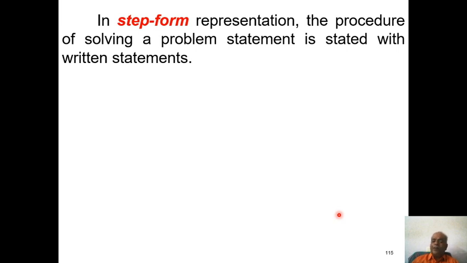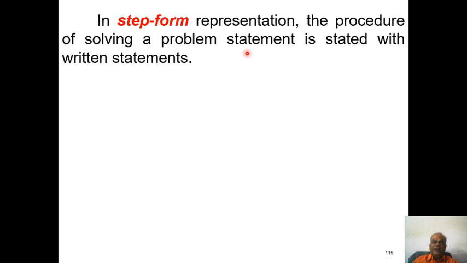In step form representation, the procedure of solving the problem statement is stated with written statements. That is, it uses normal language to define each procedure.